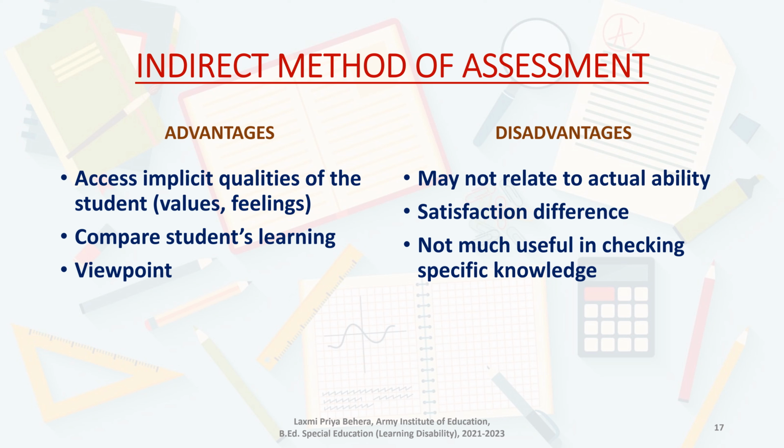However, students' perception of their ability may not relate to their actual ability. Alumni are more satisfied than graduating seniors, who tend to be more satisfied than sophomores. It is not very useful in identifying scientific knowledge and skill deficiencies.